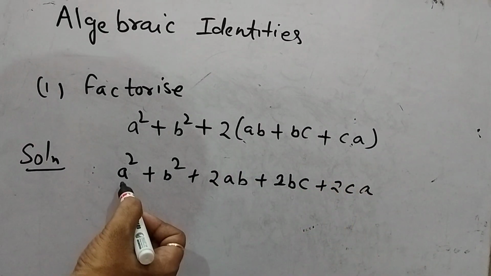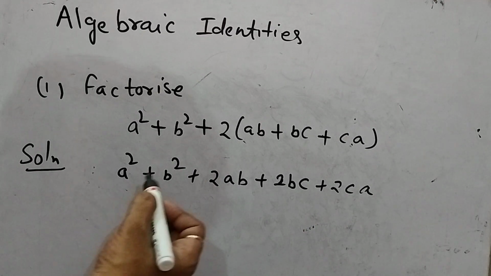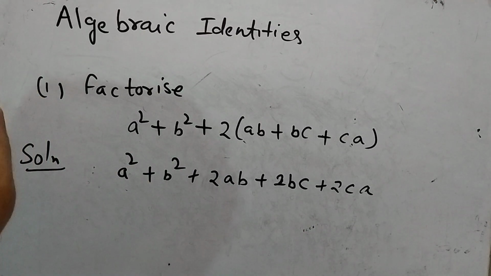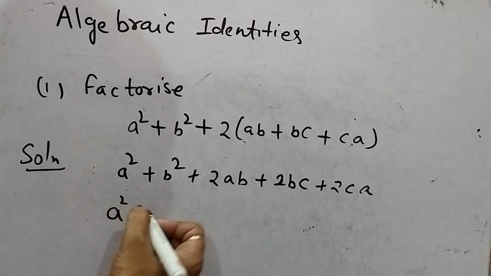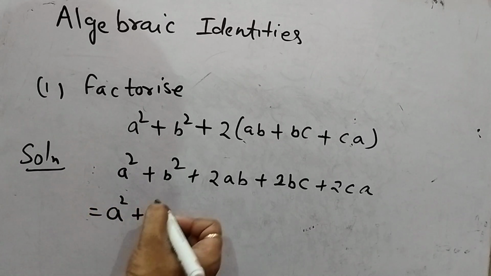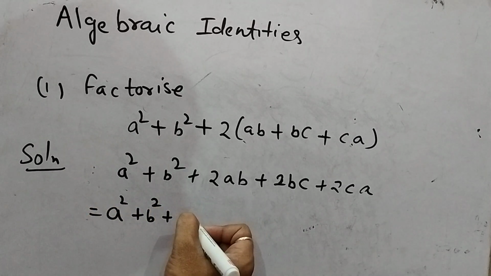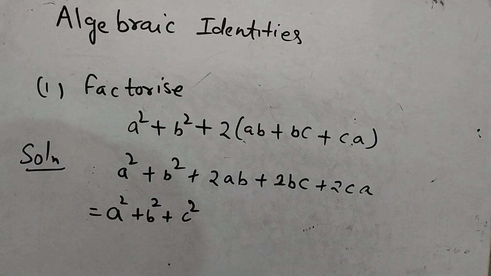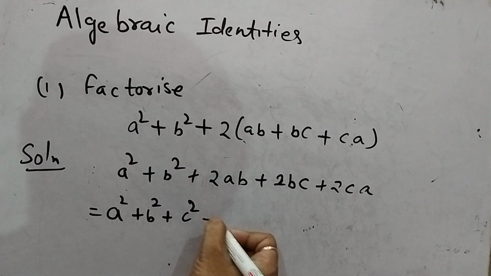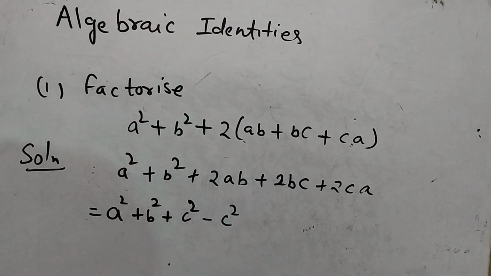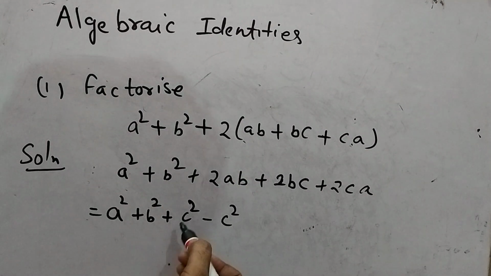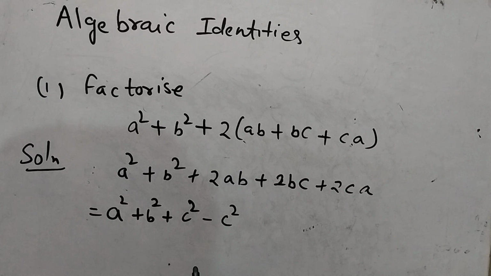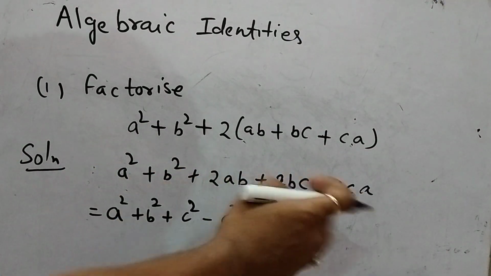The identity must be like this: a² + b² + c² + 2ab + 2bc + 2ca. So here what we can do is introduce c²: a² + b² + c². If I introduce c², we have to subtract the same term, because c² and −c² will ultimately cancel out, and there will not be any change in the value of the expression.